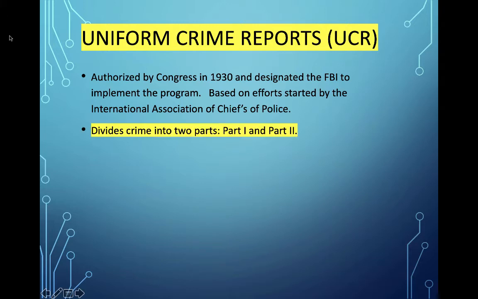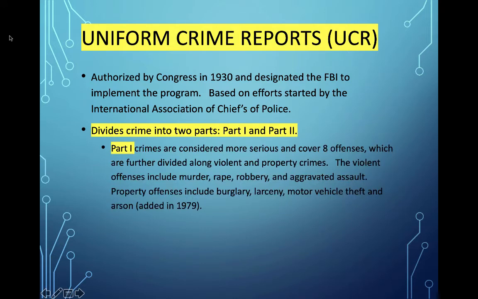It divides crime into two parts, what we call Part 1 crimes and Part 2 crimes. Part 1 crimes are considered the more serious offenses, and they are murder, rape, robbery, and aggravated assault. And the property offenses include burglary, larceny, motor vehicle theft, and arson.